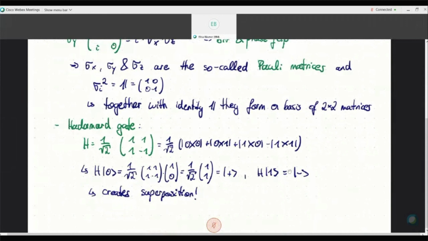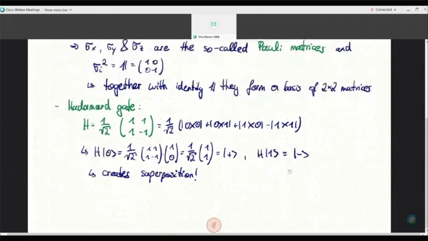If we then apply a Hadamard gate to each of these qubits, they will all be in a superposition. So we will immediately get a superposition of all possible states, and then calculate and do our cool stuff on all those qubits at the same time. This is the reason why basically any circuit you're going to learn about will in the beginning start with Hadamard gates, as you will see.